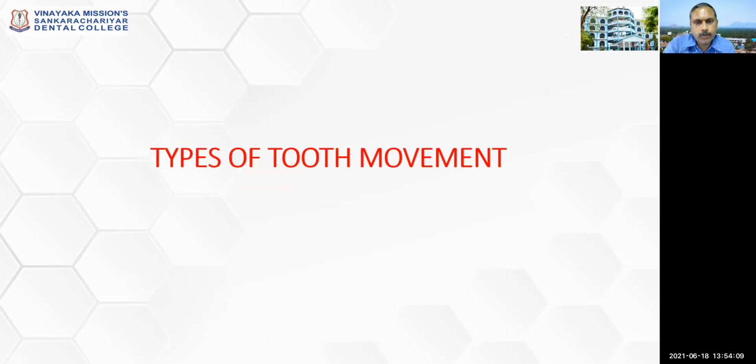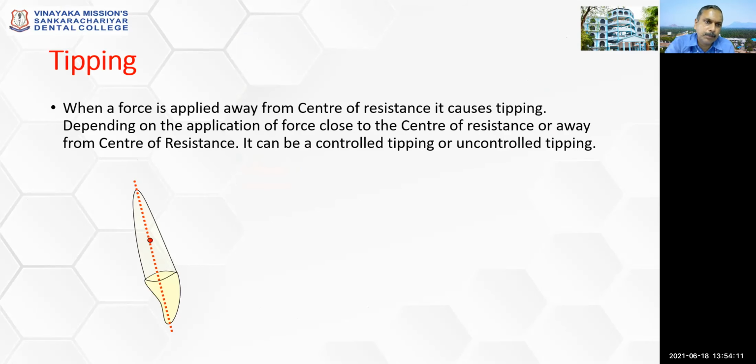What are the different types of tooth movements? Tipping, as I mentioned to you, is when a force is applied away from the center of resistance, it causes a crown to move in one direction.